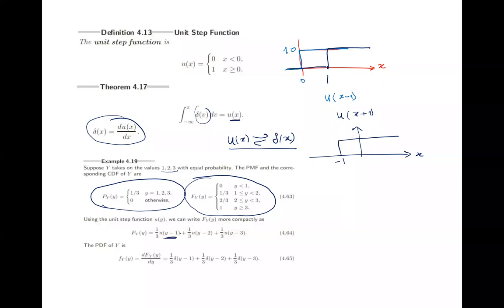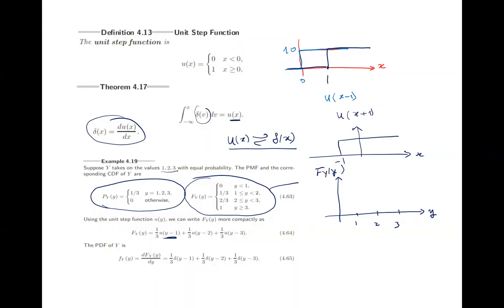So let us draw it first. Let us mark here 1, 2, and 3, which is y. And we are drawing F_Y of y.